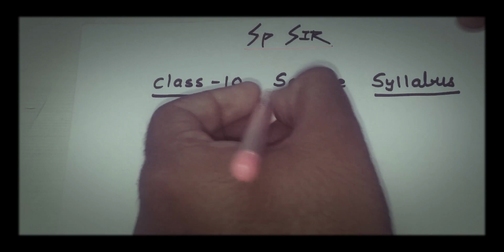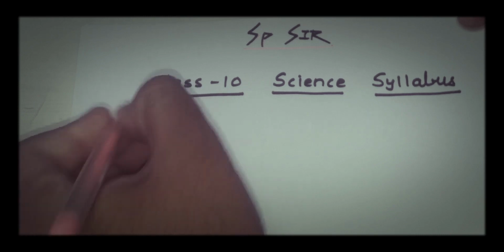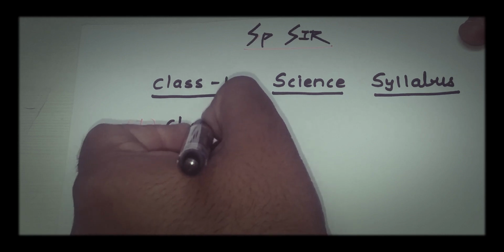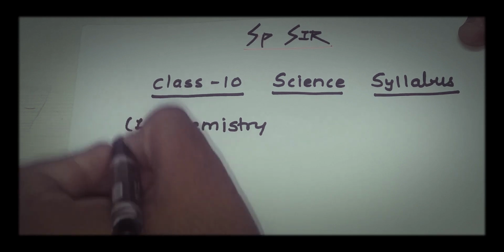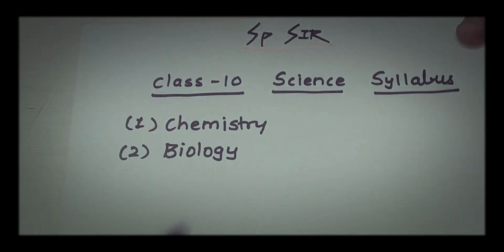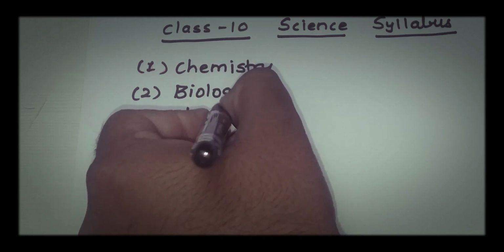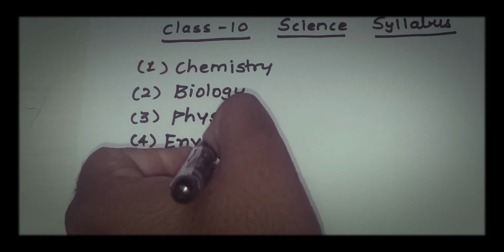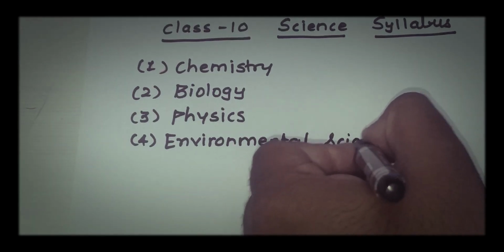So in our science class 10 they are divided into four main parts, in which the first one is known as chemistry, second one biology, third one physics, and fourth one environmental science.